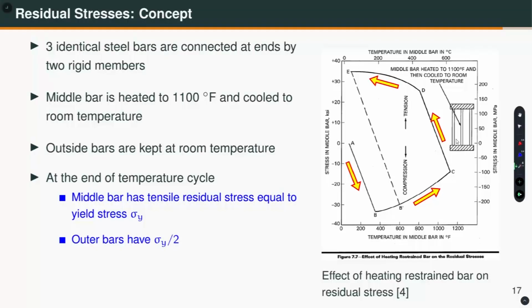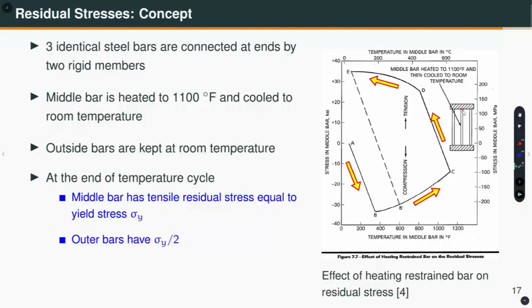Okay. So, what happens if I plot the stress in the middle bar with the temperature? So, as I keep heating, the middle bar will try to elongate, right. But the outer 2 bars, they will not allow it to happen, right. So, there is a compromise, that means there is a compatibility.